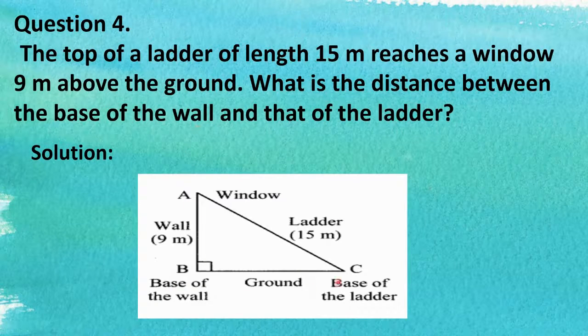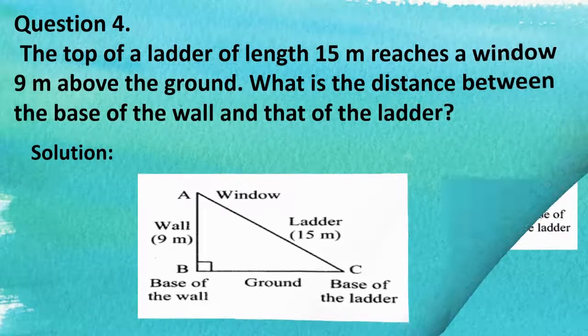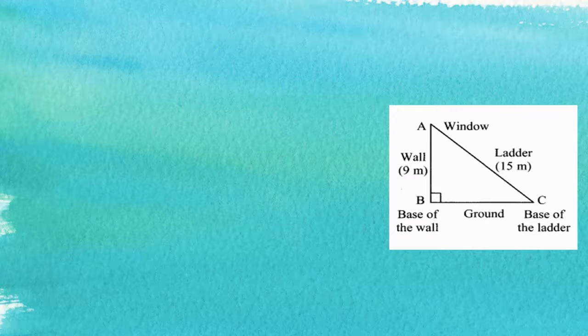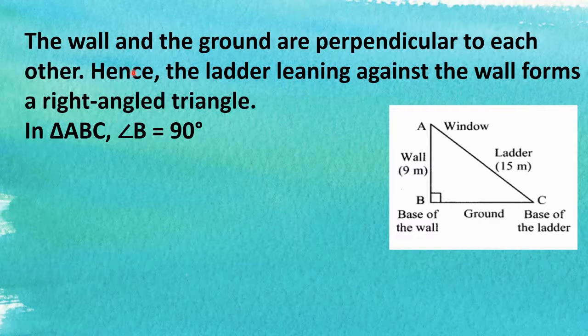So in this diagram you can see the wall and the ground are perpendicular to each other. Hence, the ladder leaning against the wall forms a right angle triangle.